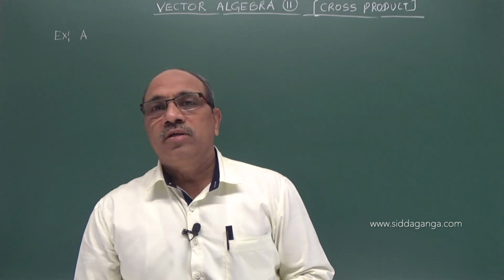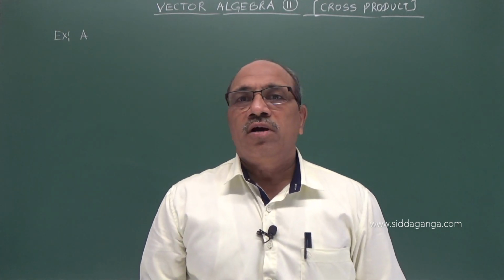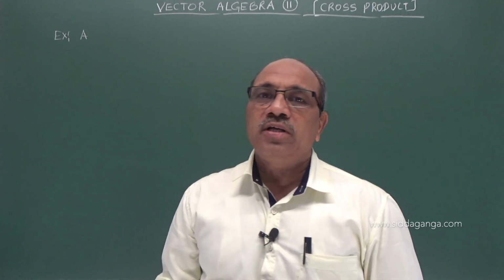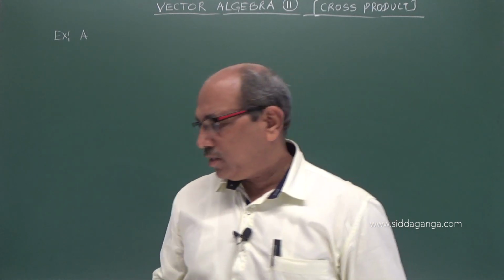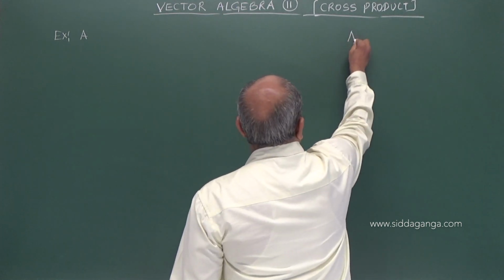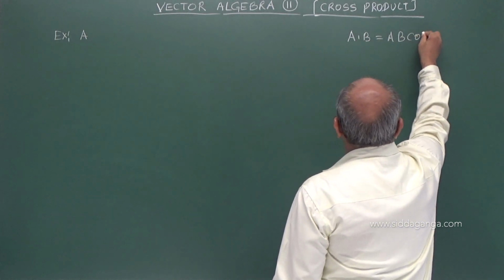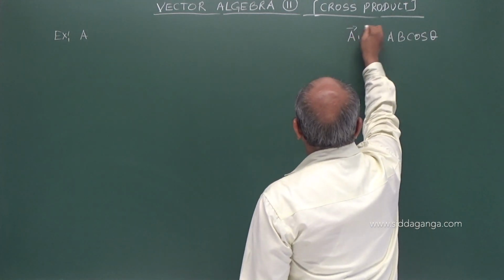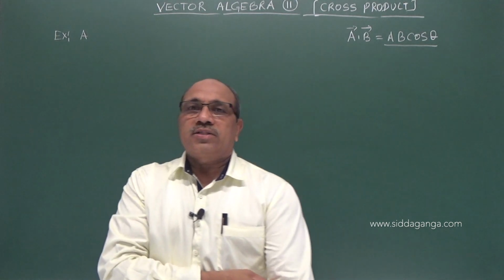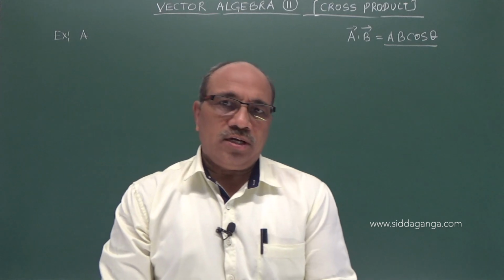Vector into vector may convert into a scalar, which we take as a dot product or scalar product of two vectors, where the value comes to be A dot B equals AB cos theta, where A and B are vectors, but this loses the direction and has only magnitude, and is called a scalar.